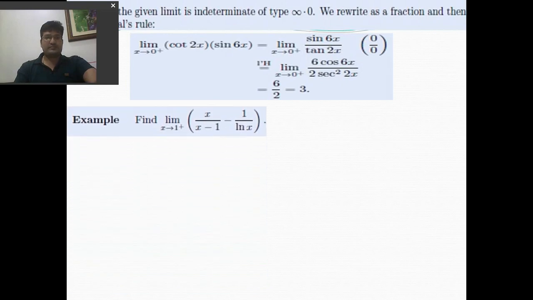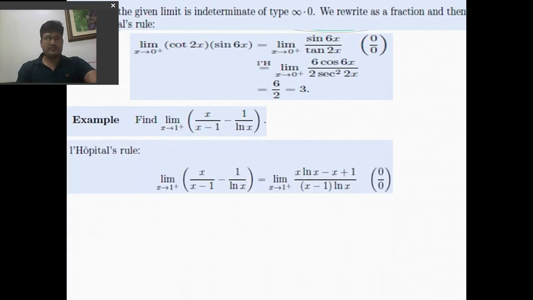Next question, evaluate limit x tending to 1 of (1 plus x upon x minus 1) minus 1 upon ln x, or log x. So first put x is equal to 1 here, or first take the LCM and convert this function into quotient form, or f(x) upon g(x) form, so that we can judge which method we will apply.